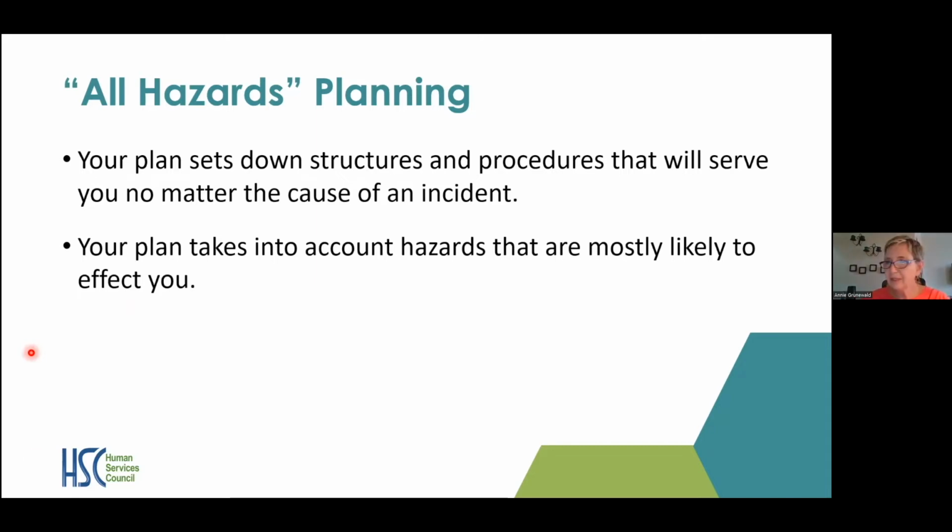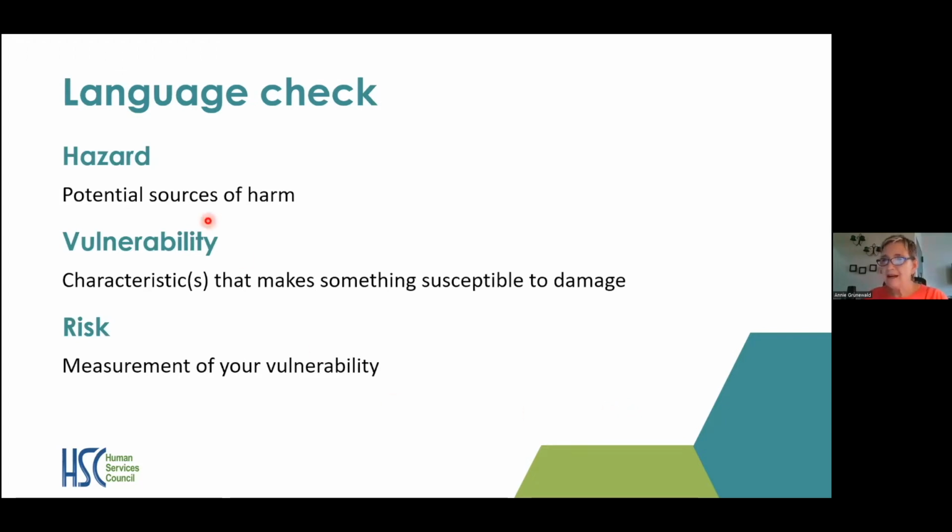All right, staying with our language. Hazard we talked about. Vulnerability: all those characteristics that make something susceptible to damage. And risk is really a measurement of that vulnerability, right?